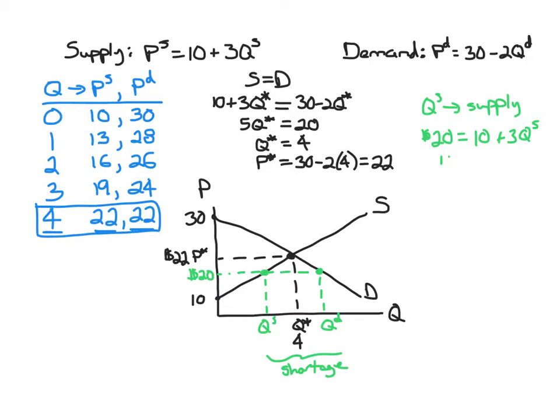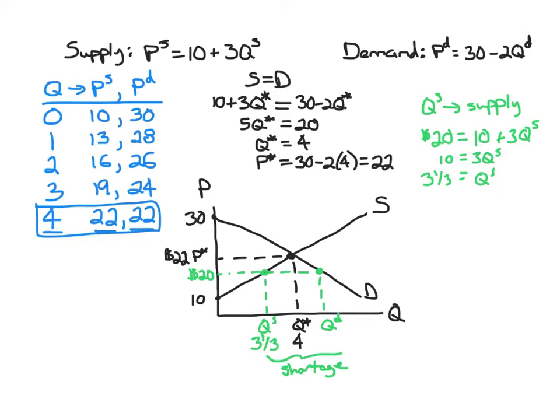So we get 10 equals 3 QS. Divide both sides by 3, we get 10/3 or 3 1/3. Right, so we can label that in our graph 3 1/3, which is less than 4, so that adds up.